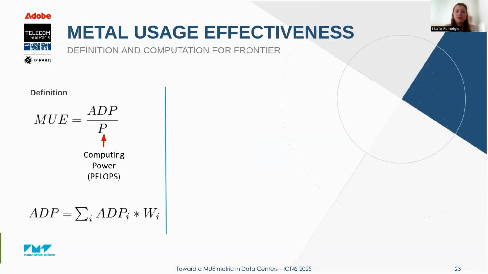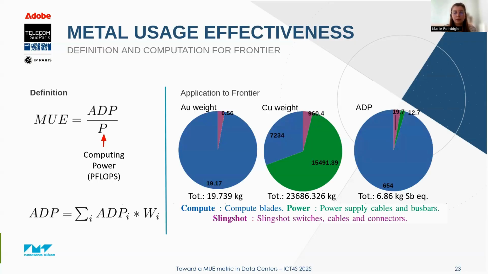And now, if we focus on the results of FranceA, we can see that for the copper, the weight is estimated to be 20 kilograms in total, and it comes mainly from the compute, due to the fact that it is there that we need very high performance interconnections.